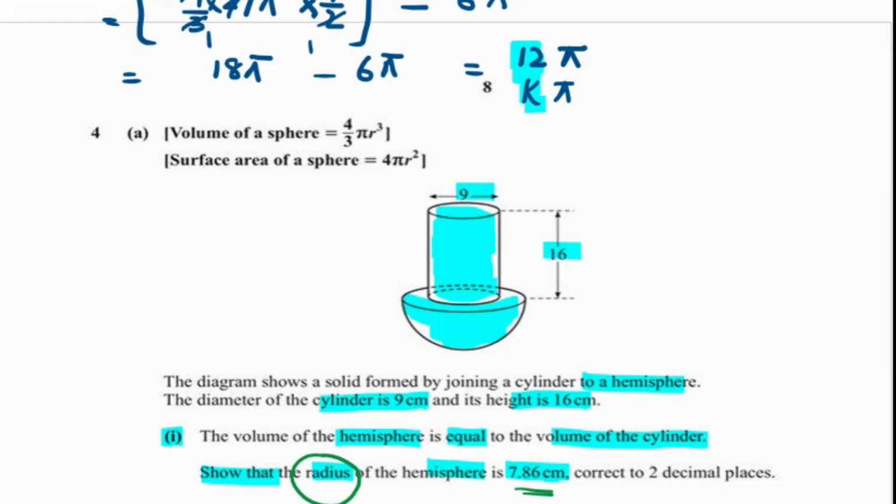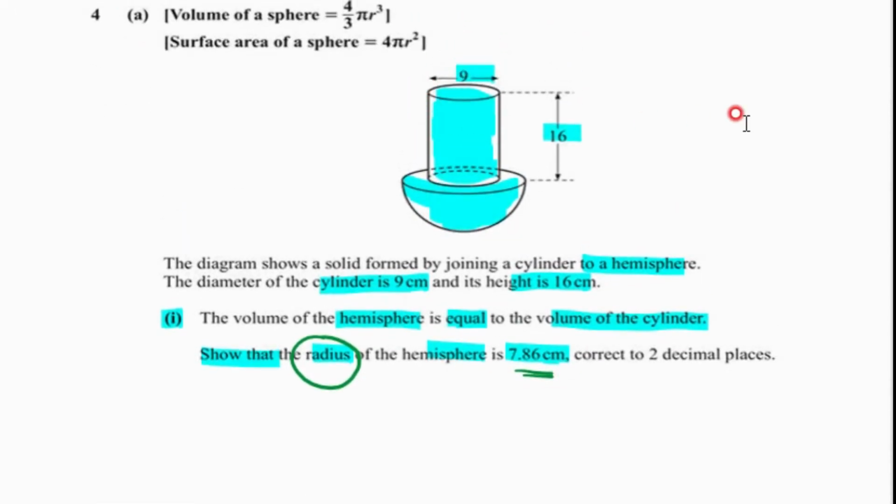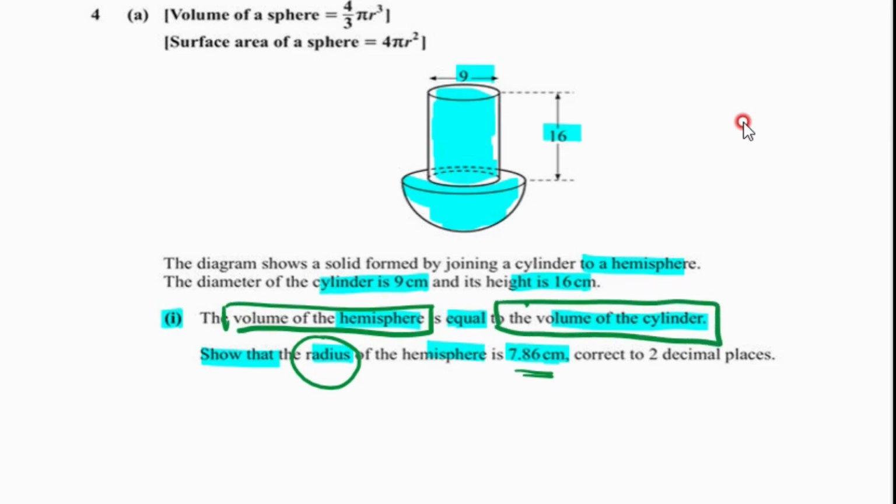It should be 7.86 centimeter, right? So as per the given information, it is easy to take a start, and the start is the volume of hemisphere and the volume of cylinder, they both are equal, right?